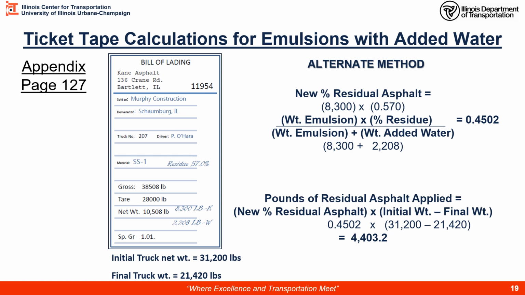So we got initial weight minus our final. So there's our truck application times this new residual asphalt percentage. We crank that through and we should get 4403.2, and that would be our residual asphalt for pay.